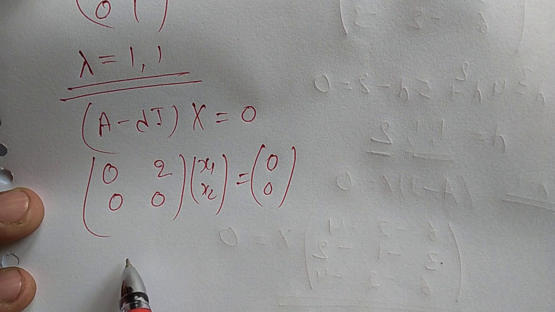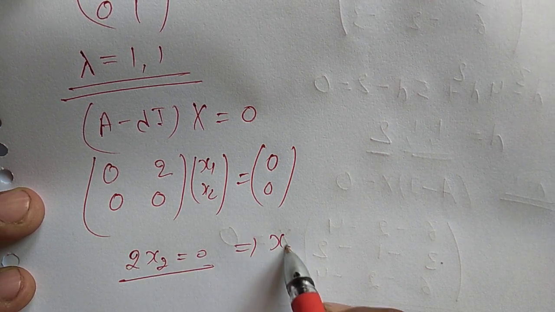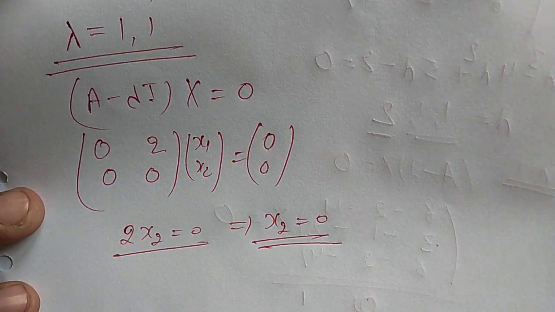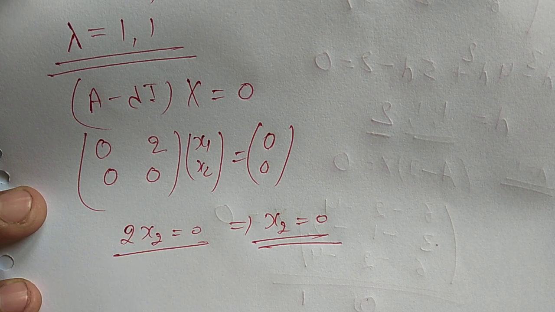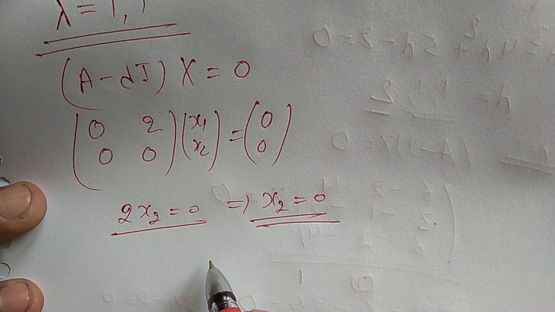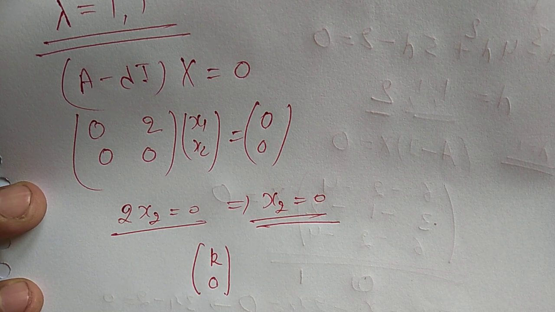So here we have 2x2 equal to 0, which implies x2 equal to 0. And x1 is the free variable because we are getting only one equation and two variables. So x2 equal to 0 and x1 is the free variable. So your eigenvector will be k times [1, 0].